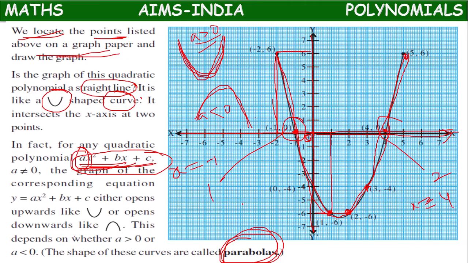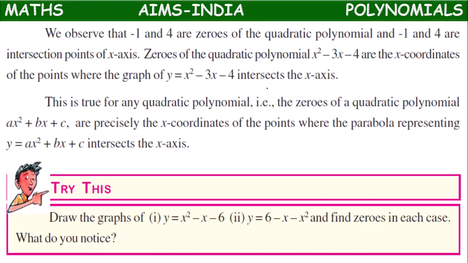These are parabolas. Parabola intersecting x-axis at 2 points, x equal to -1, x equal to 4. So -1 and 4 are the zeros of the quadratic polynomial, because -1 and 4 are the intersection points on x-axis.